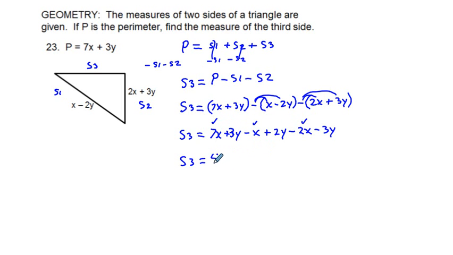So we're going to have 4x. And then 3y plus 2y minus 3y. So this 3y and minus 3y, they will cancel each other. And so we're just left with the 2y. So we have plus 2y. So that will be our answer. Side 3 equals 4x plus 2y.